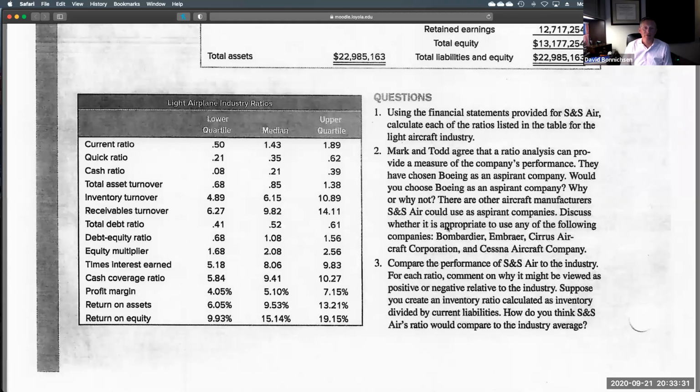You don't have to provide commentary for every single one of these ratios, but definitely provide some commentary. I can guarantee there are 4, 5, 6 ratios that are obvious outliers as it relates to the airline sector as a whole. Provide commentary around that.